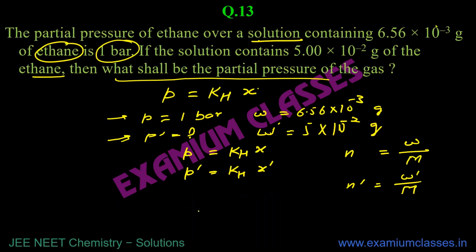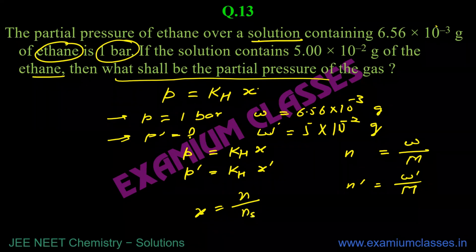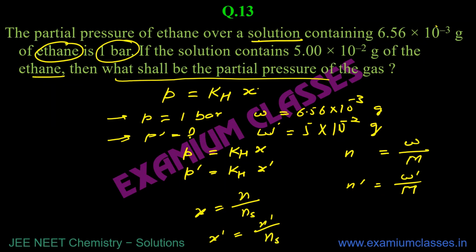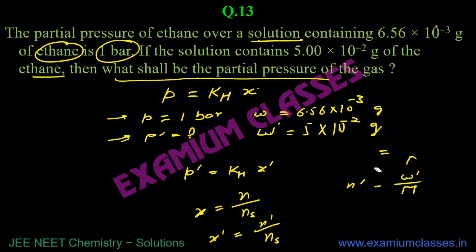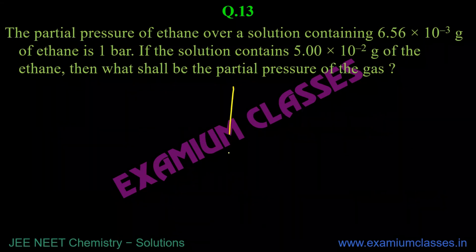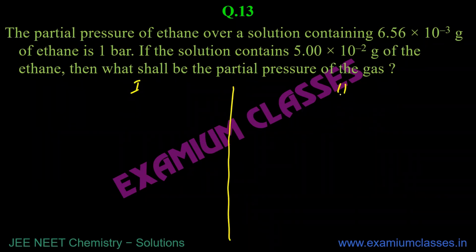Suppose it is not N dash, basically I had written, in the first case it will be N divided by whatever is the number of moles of solvent, say it is Ns. In the second case, it will be N dash divided by Ns. If there is any confusion, I will write both separately, so that you can understand what I am talking about in the first case and in the second case.